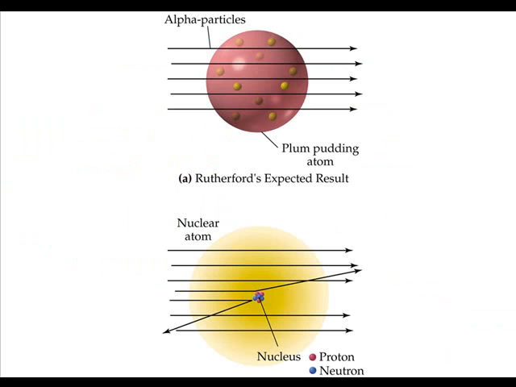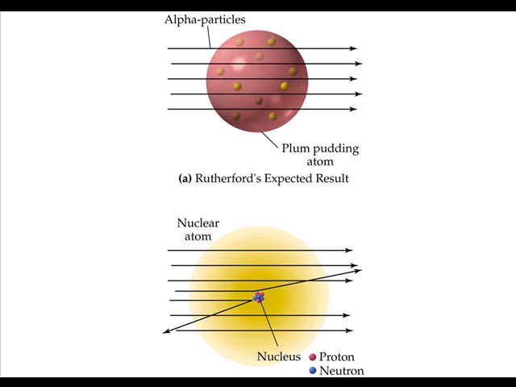If in fact the plum pudding was right, then all the alpha particles should have passed straight through it. However, as you can see, there was some ricocheting going on, and that meant there had to be a very solid center that was involved with it. And that solid center, he recognized, had to be the nucleus.